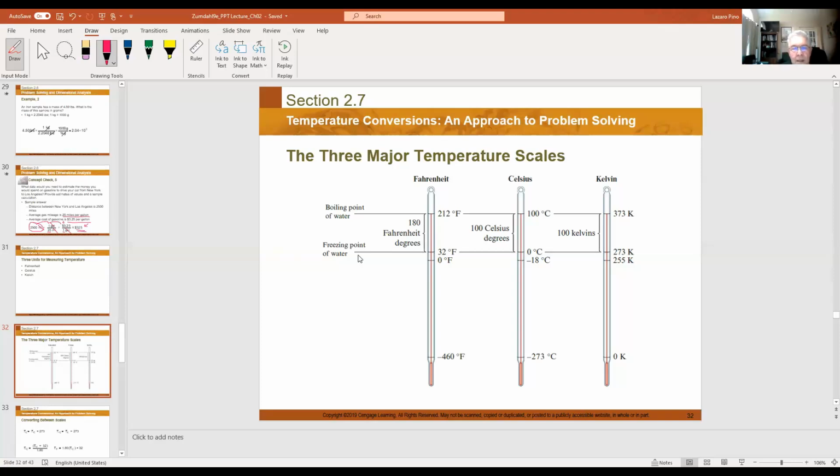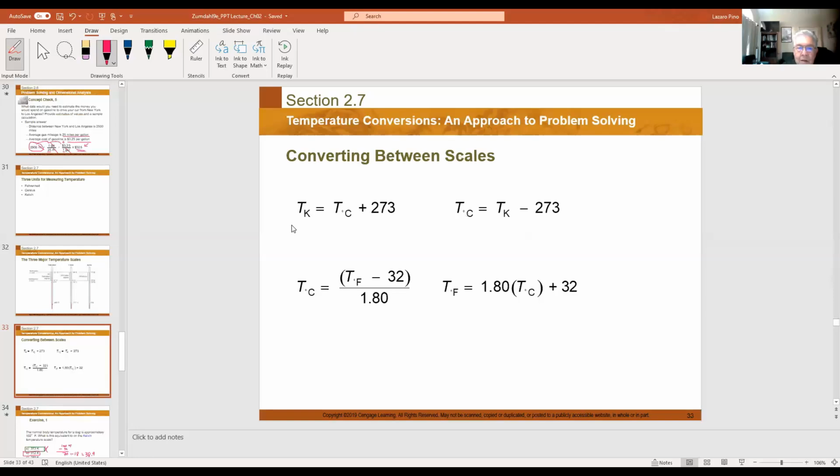Same thing for the freezing point of water, which is at 32 Fahrenheit, 0 Celsius, and 273 Kelvin. So you can use these conversion equations to go from Kelvin to Celsius, or from Celsius to Kelvin, or from centigrade to Fahrenheit, or the opposite.